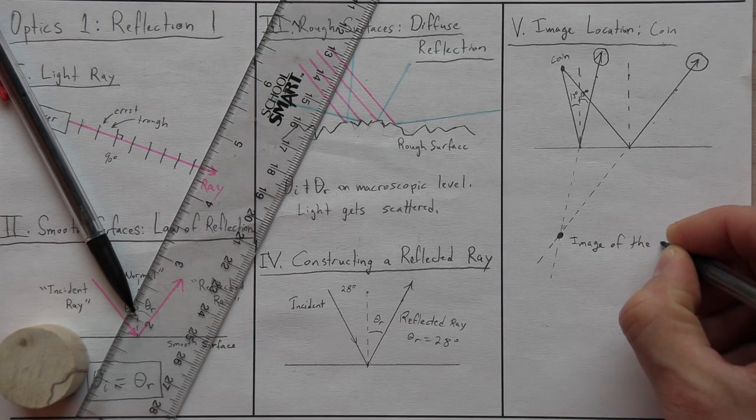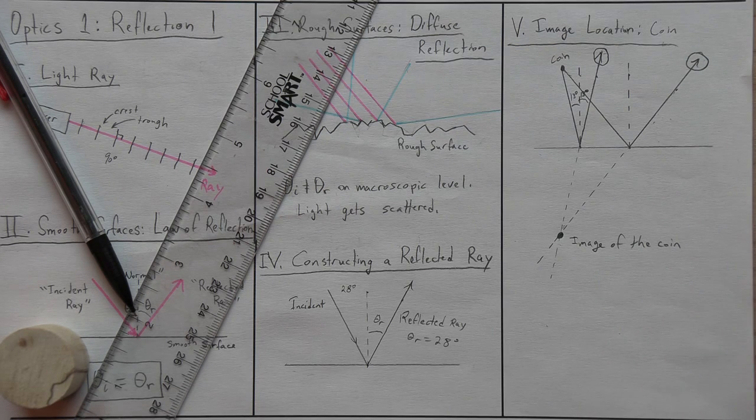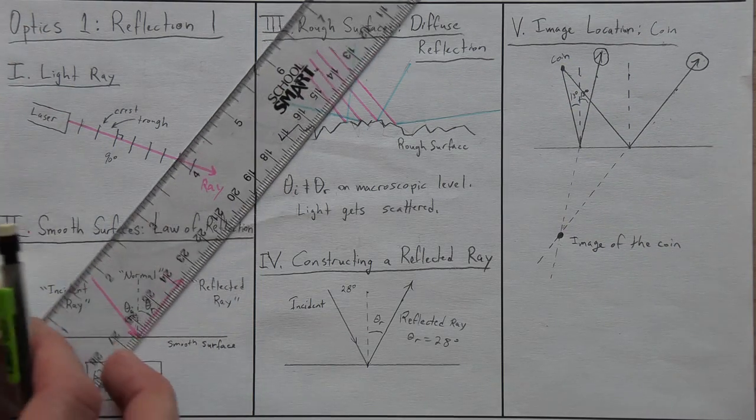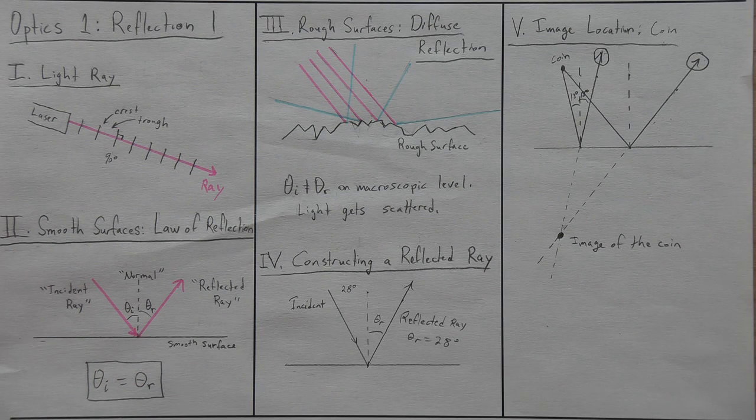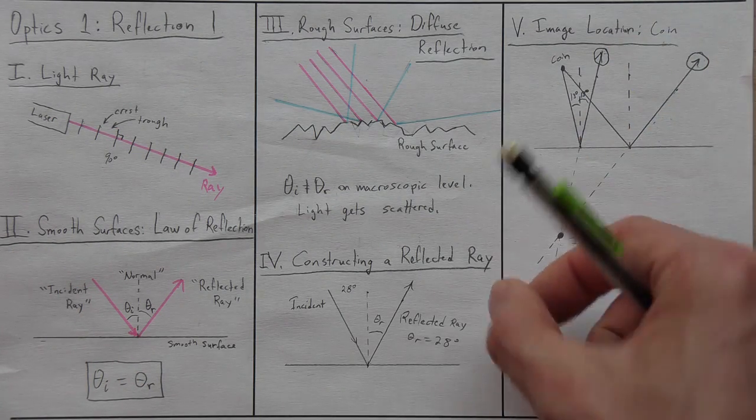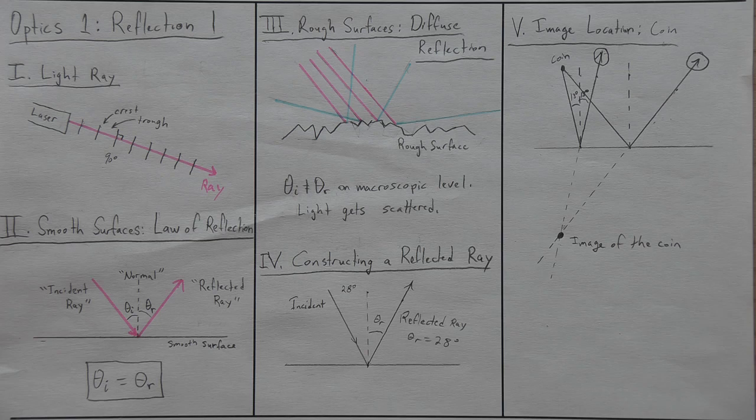And that's how it works from an optics standpoint with the law of reflection, why we see duplicates of things in a mirror. It's because of the law of reflection and our brain tracing those lines back to where they intersect and thinking there's an object there.